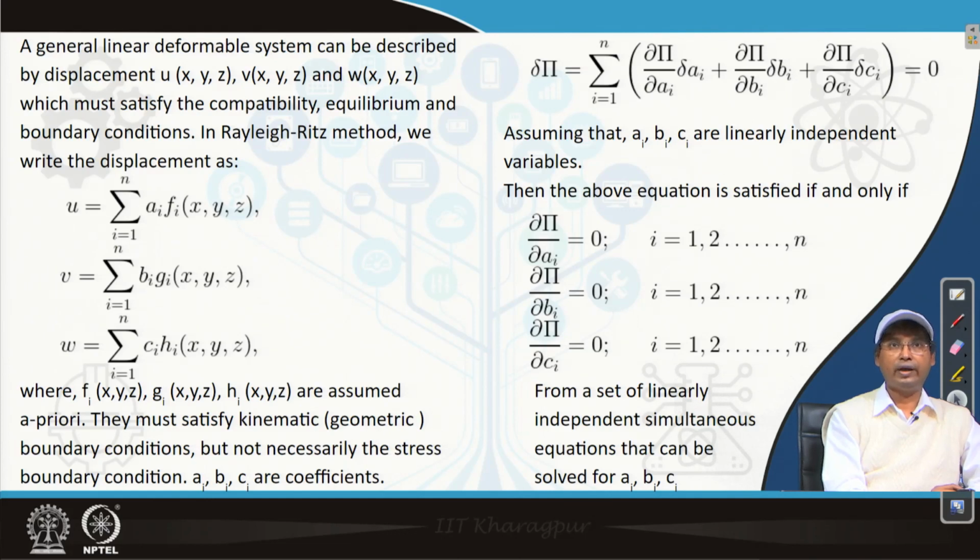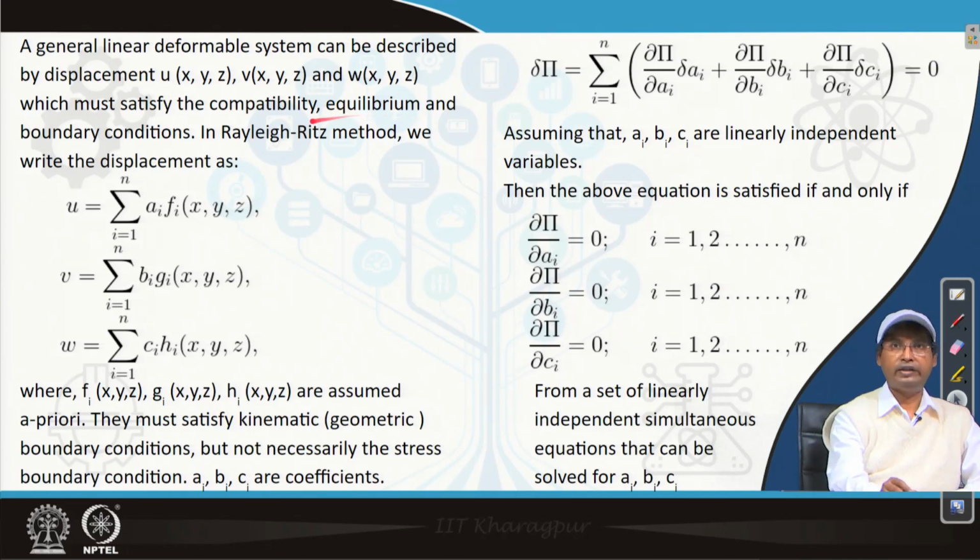Compatibility is that while we are considering this variable from one segment to the other, it must maintain the relation between these. So, the strain has to be compatible, or otherwise it will not show the property of a continuum.